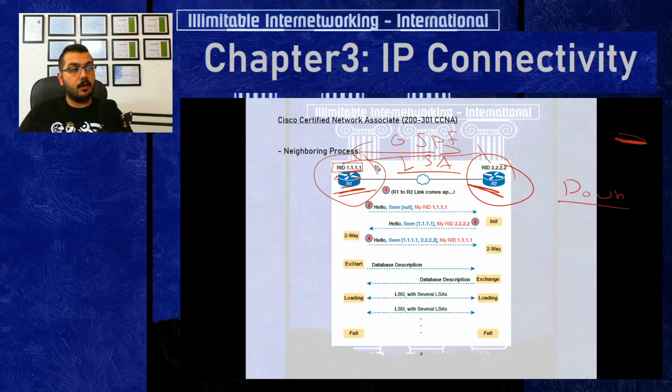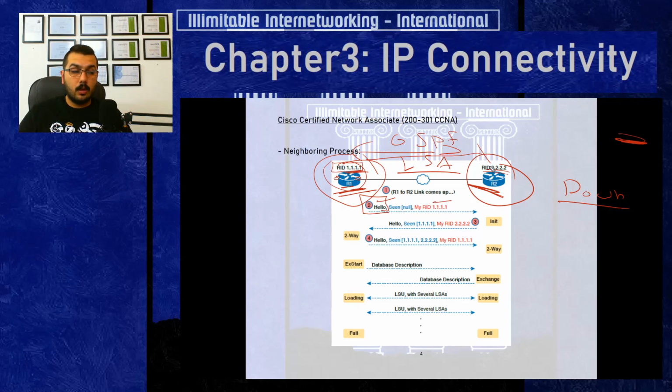So maybe I've configured it manually to avoid any duplication and confusion, 1.1.1.1 and 2.2.2.2 on these two routers, and I've started to configure OSPF on R1. The first thing R1 will do is send a hello message to the other router saying: hello, my name is 1.1.1.1 and I'm using OSPF.